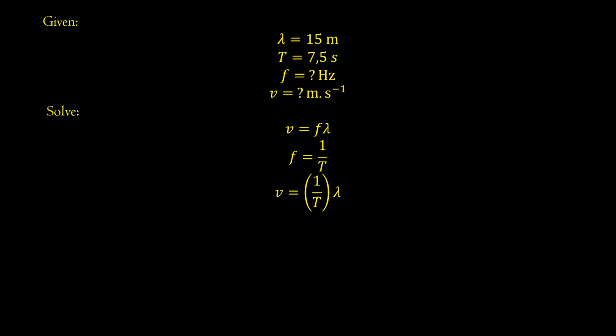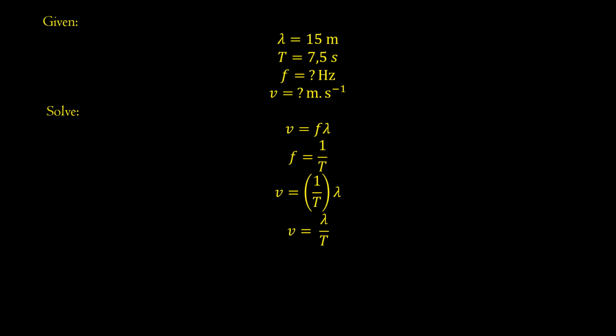Then 1 multiplied by lambda is just lambda, all divided by T, so that you are left with the speed v equals the wavelength lambda divided by T, right?